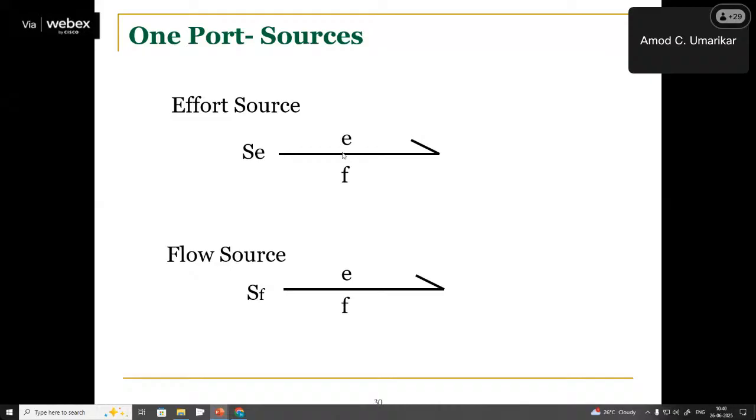E will be effort. Effort is clearly defined. Flow will depend on the external system. Similarly, in flow source, flow is clearly defined, and effort will be decided by the external system. I'll come back to it again, with some different context.